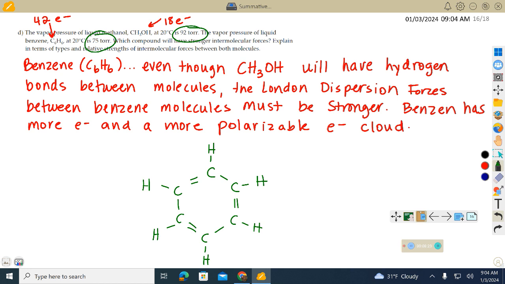Greater polarizability. There's just more electrons in that C6H6 molecule. Again, I wouldn't be able to answer this question without that data. Without the data, I would have assumed that it was the methanol, which I think was the most common wrong answer, where people talked about hydrogen bonds. But oh wait, I had to look at those vapor pressures. It's not what I expect.